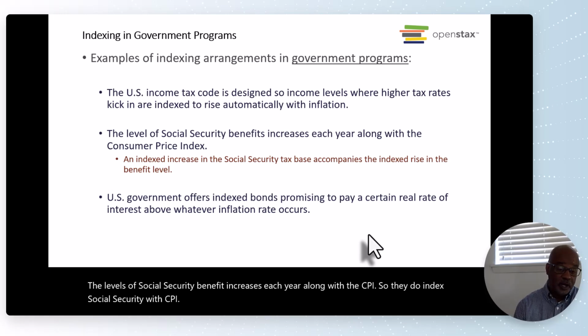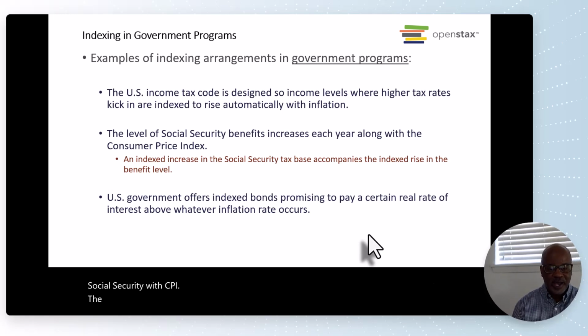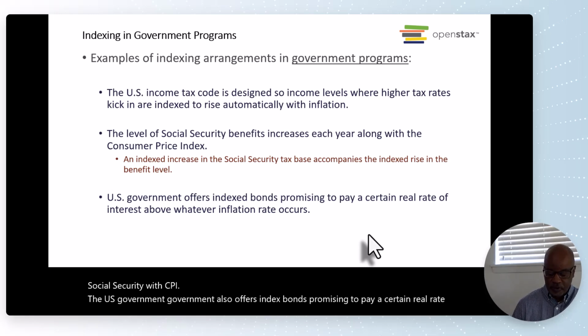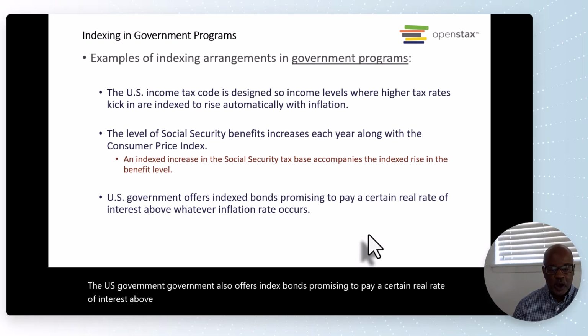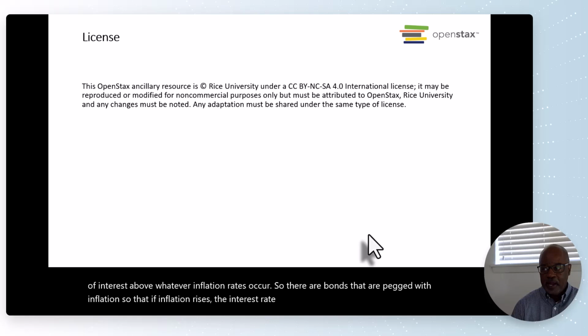The U.S. government also offers indexed bonds, promising to pay a certain real rate of interest above whatever inflation rates occur. So there are bonds that are pegged with inflation so that if inflation rises, the interest rate paid rises as well. And that's it.